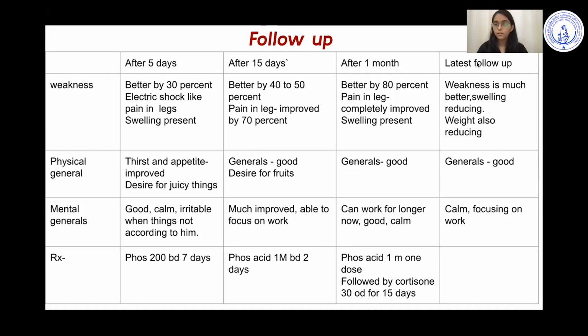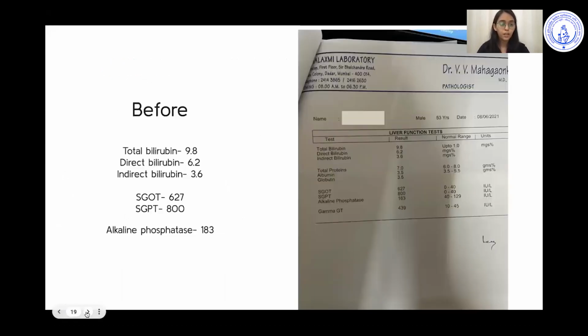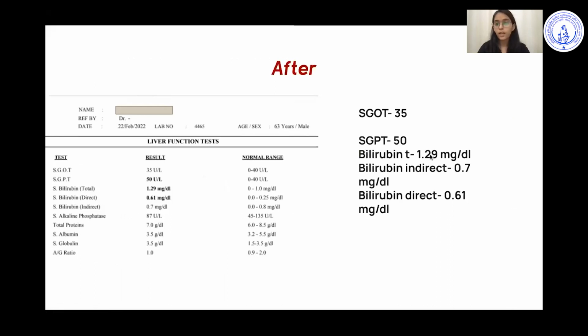So in his follow-up in November, he said that his weakness is now much better. He's able to focus on the work. His weight is also reducing, and he also sent us the report. You can see his parameters were also improving. His blood sugar also improved. And before, his SGOT, SGPT were in the range of 600 and 800. Now after the treatment, they are in the normal range of 35 and 50.